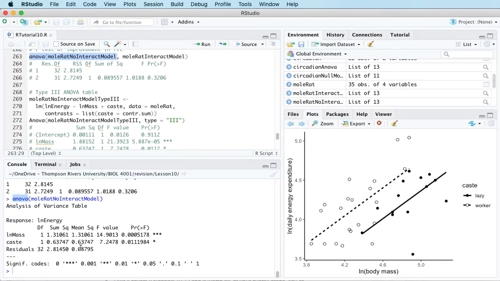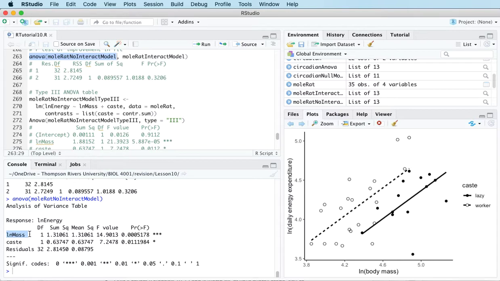And a type 1 ANOVA table doesn't do quite what we want it to, because a type 1 ANOVA table, also known as sequential, is fitting the terms in order.